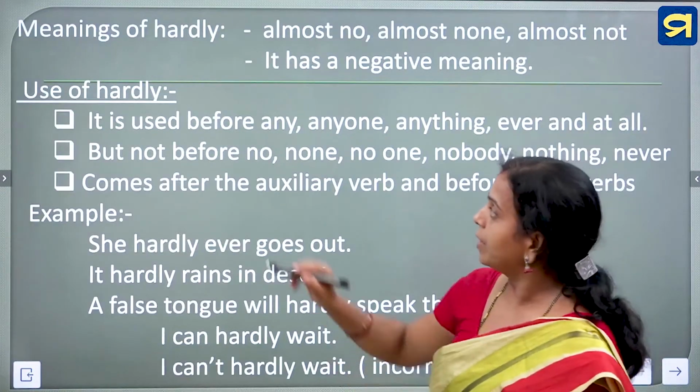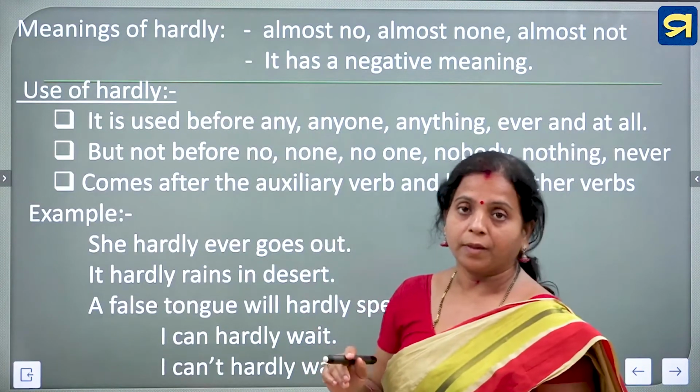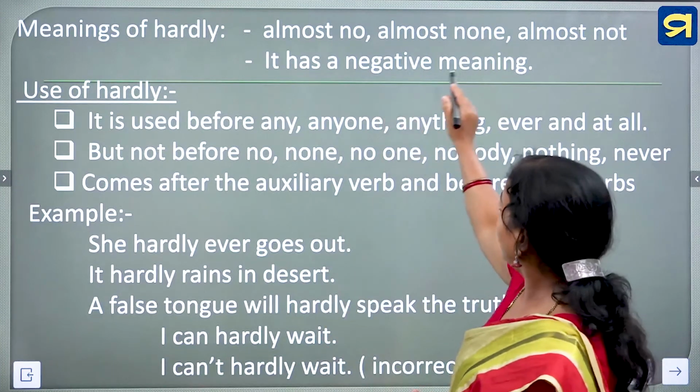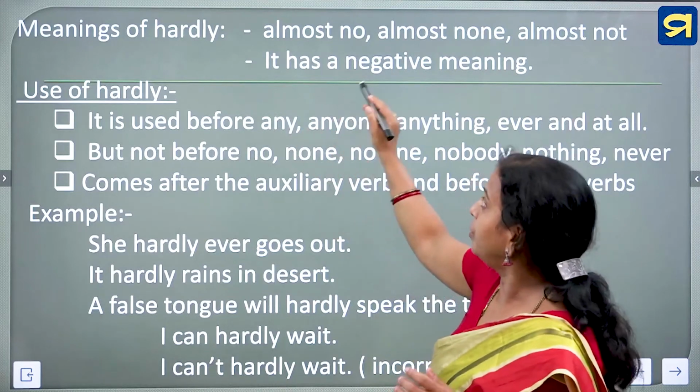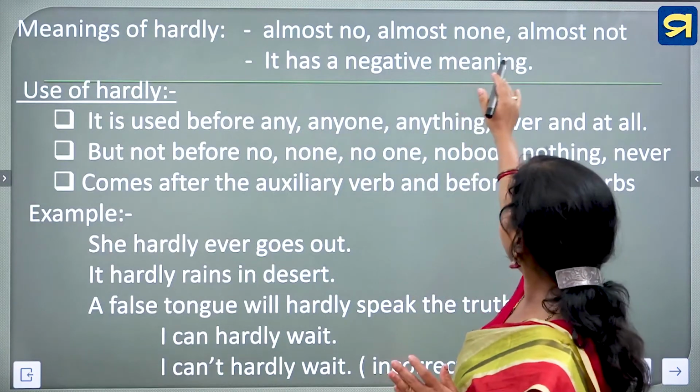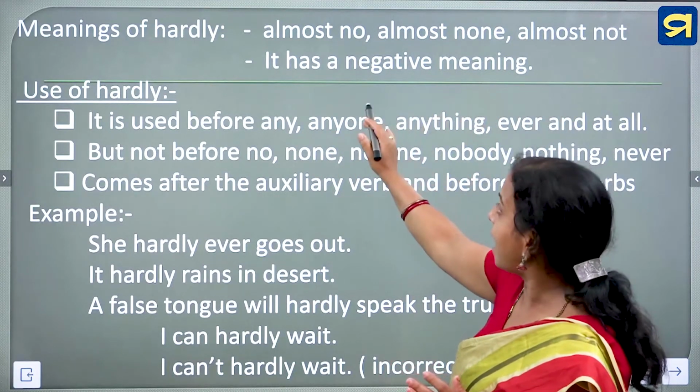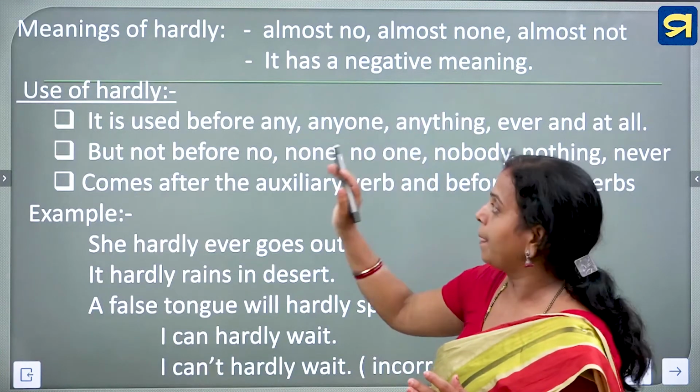Children, next, meanings of hardly. Almost no, almost none, almost not. That means hardly means almost no, almost none and almost not, and it has a negative meaning.